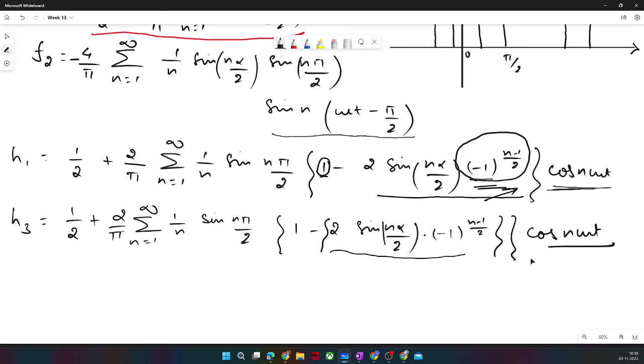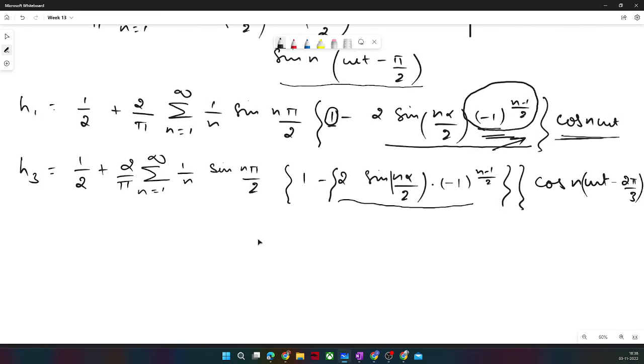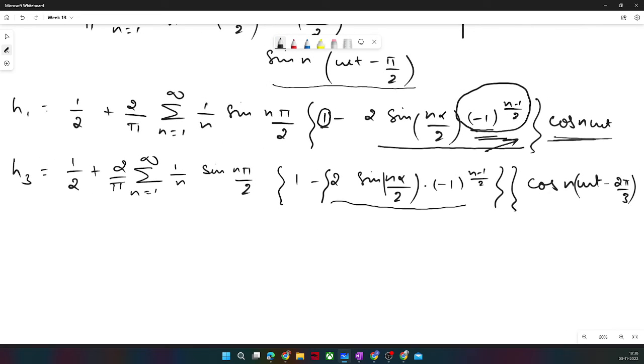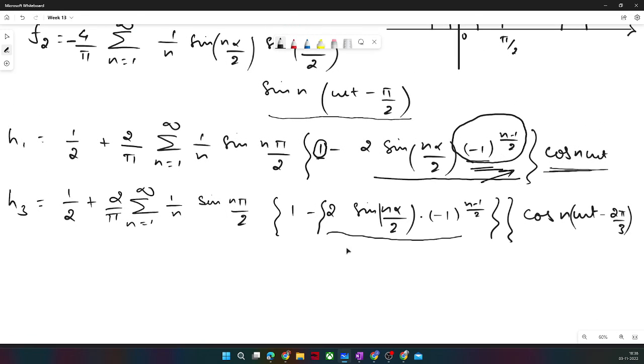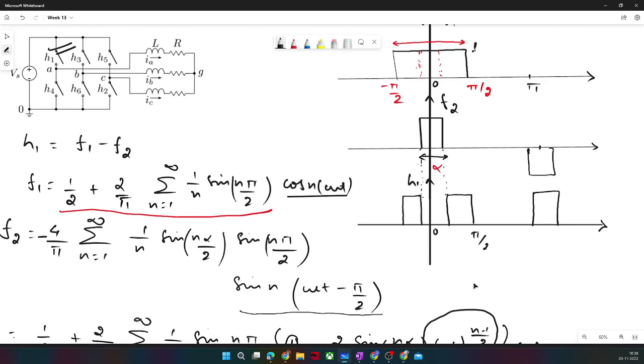Oh, sorry, cos n omega t minus 120 degree, minus 2 pi by 3. Similarly, we can write for H5 plus 2 pi by 3. So that's the thing, and this is the Fourier series of this kind of pulses if we give.